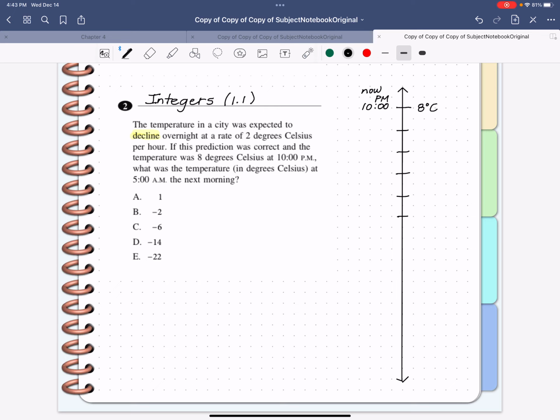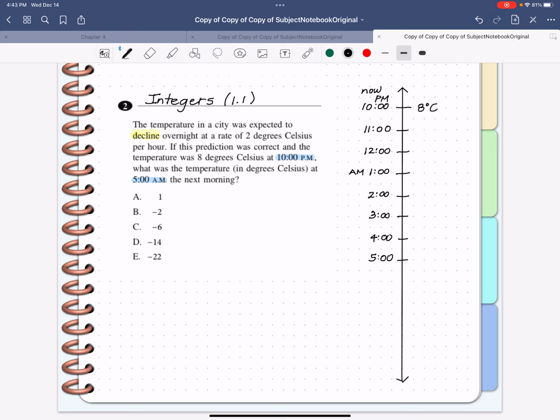Okay, so 10 o'clock, then at 11 o'clock p.m., at midnight, at 1 o'clock a.m., at 2 o'clock a.m., at 3 o'clock a.m., at 4 a.m., 5 a.m., and we could keep going, but we don't need to because we're only looking for the time frame between 10 and 5 a.m. the next morning.